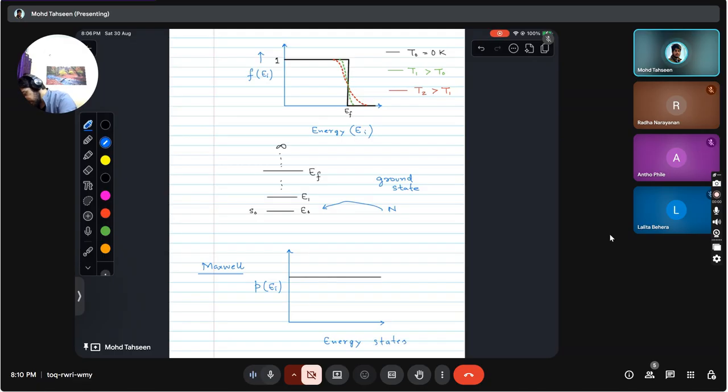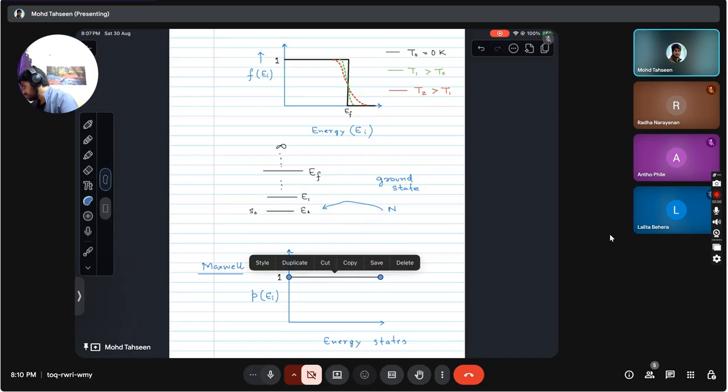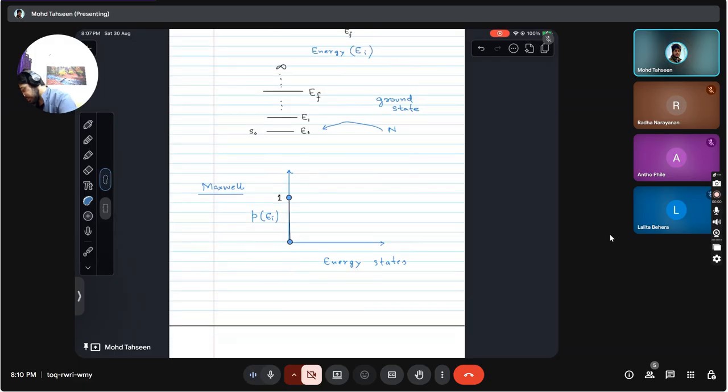So the probability will be 1 for all energy states at 0 Kelvin. It should be like this, because we are at ground energy, so all particles will have the ground energy state.